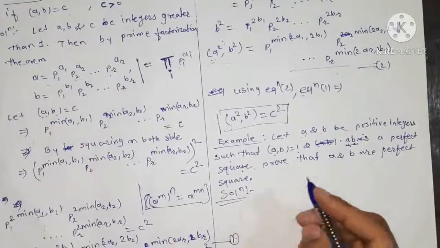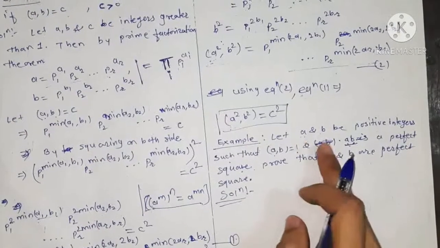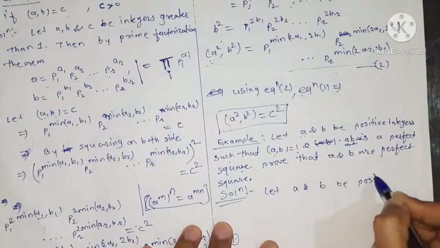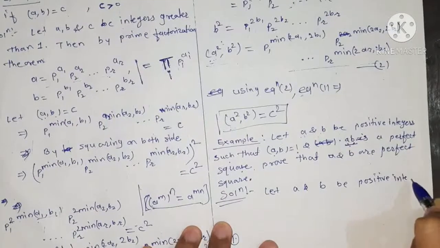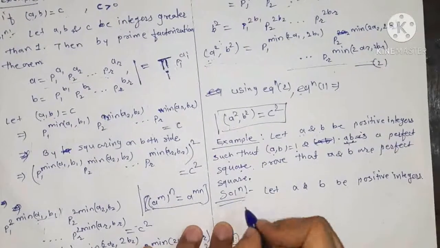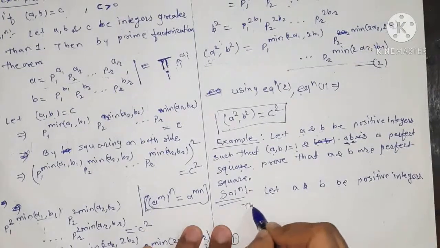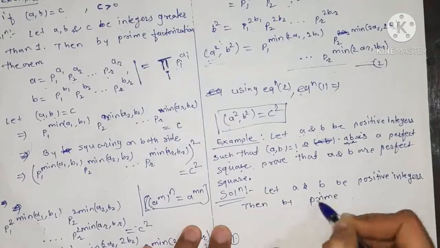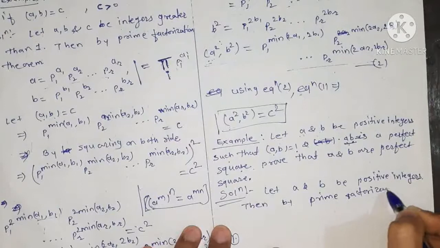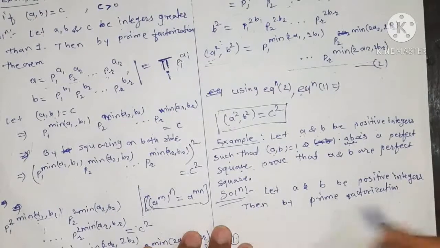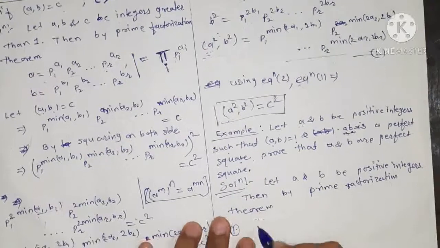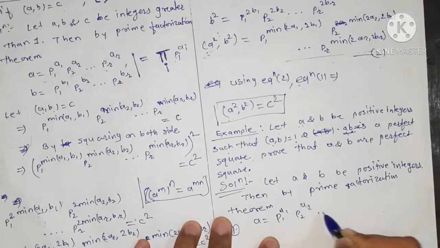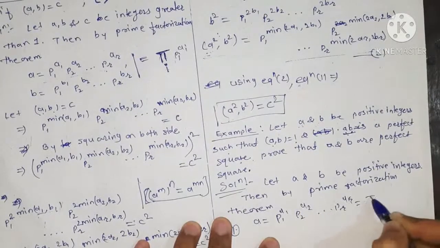As we are given, let a and b be positive integers. By prime factorization we can write a in the form p1 to the power a1, p2 to the power a2, and so on, pr to the power ar, that is nothing but our product sign.